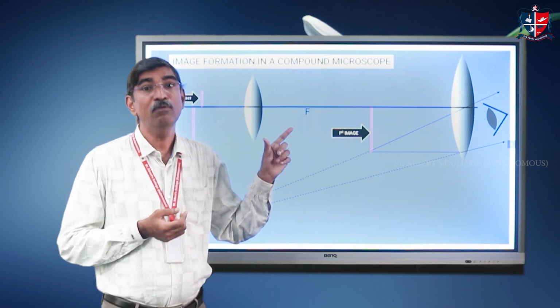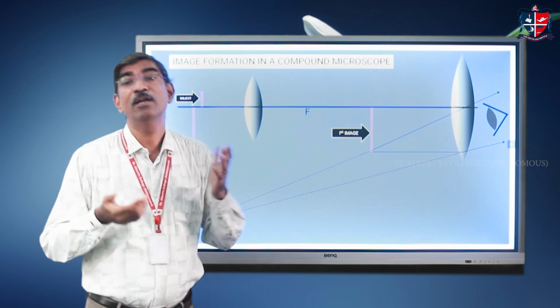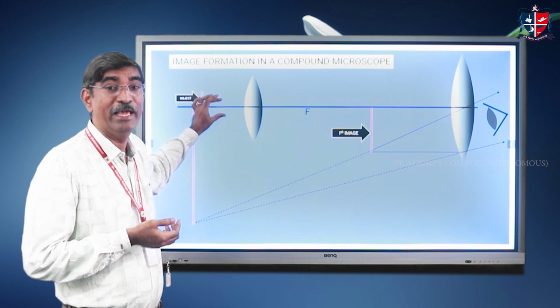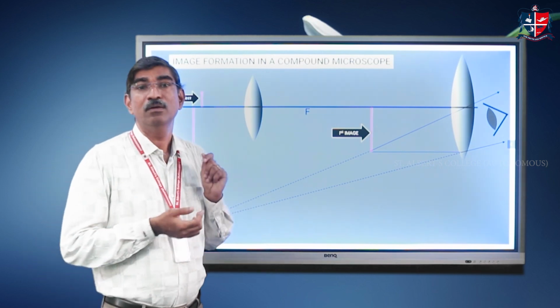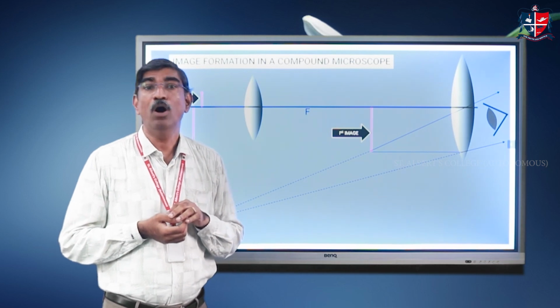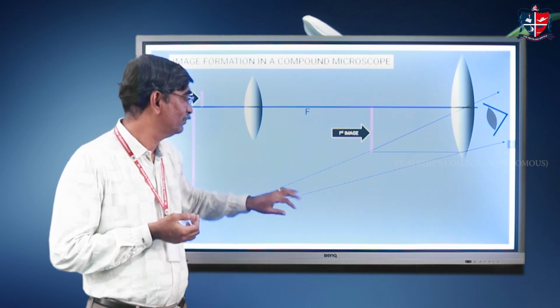So you can have a final image which is magnified 400 times that of the object placed in the microscope. So this is the basic principle of magnification in a compound microscope.